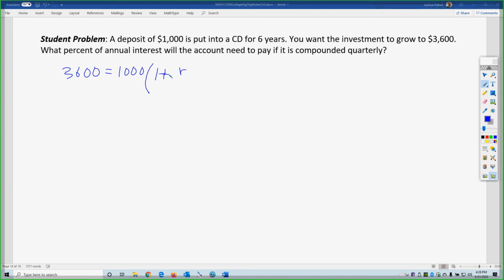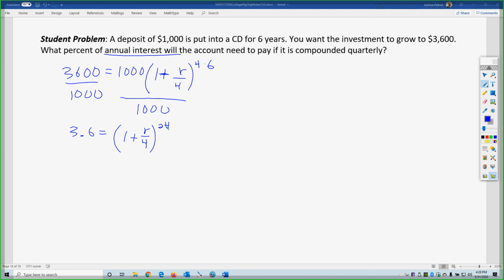That's the question here, right? And we know it's compounded quarterly, so that's 4. So that's 4 times the number of years, which it says is 6. Okay, so we'll divide by the 1,000. So we get 3.6 equals 1 plus r over 4, to the 24.